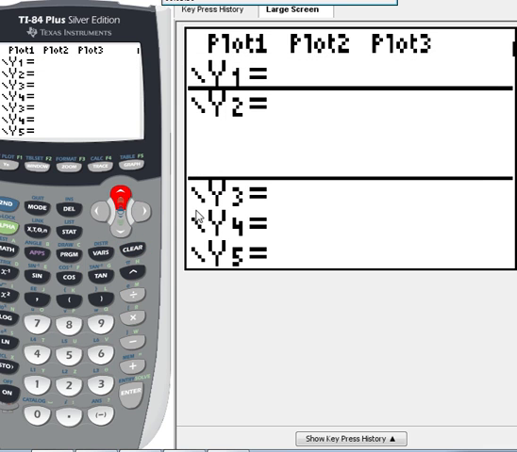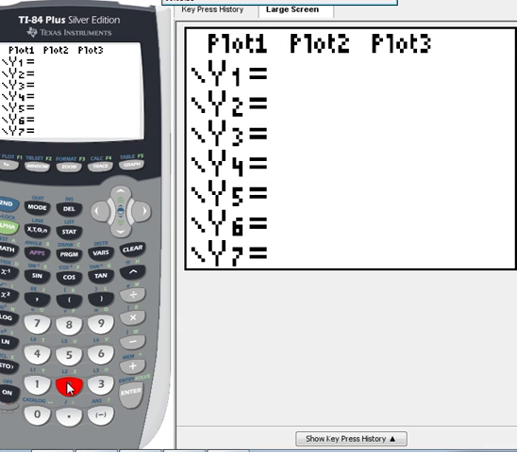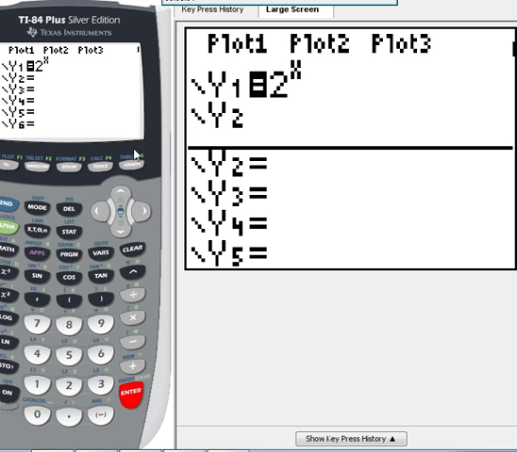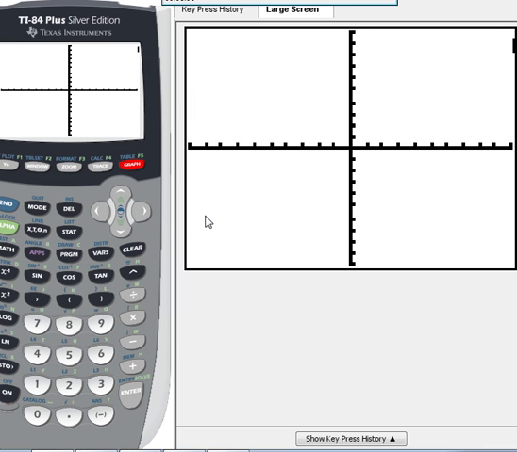Okay, so the parent function for exponential is 2 raised to the x power. Enter. So I go to graph, let it graph itself out. There it is, my lovely curve.